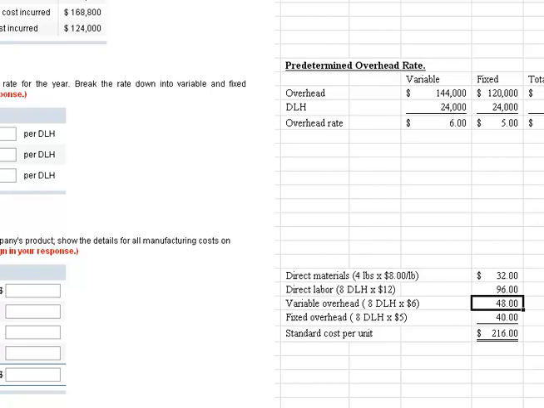Variable overhead, 8 direct labor hours times $6. There's my 8 times the value in N32, which is given right there. We've calculated that. The fixed overhead, we're taking the 8 direct labor hours times the $5 that we computed earlier, and then we sum them, and we come up with a standard cost per unit of $216.